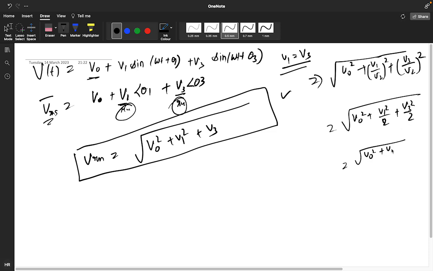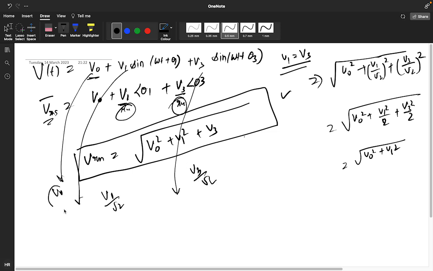V naught square plus V1 square. Understood? Guys, understood? See, if you convert this into RMS form, this value will become V1 by root 2, the RMS value of this will be V3 by root 2, and the DC value will remain the same. So you got the RMS value of this, and of this, and of this. So overall RMS is nothing but the RMS.